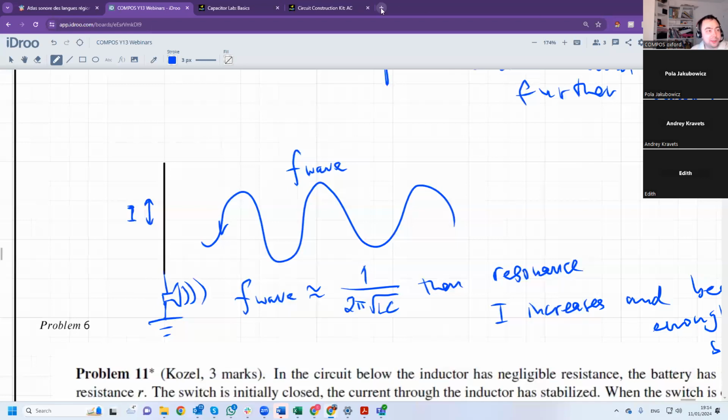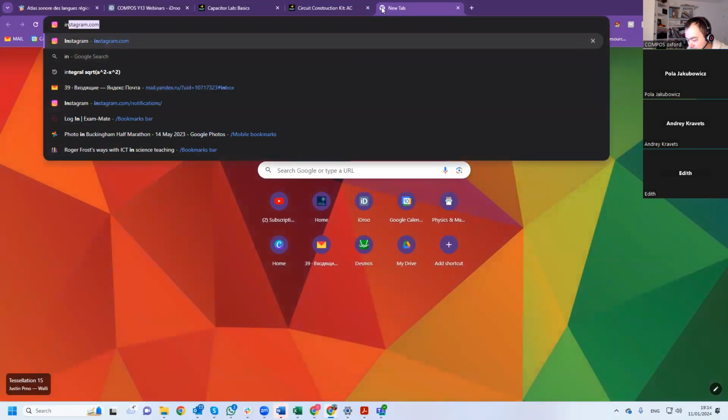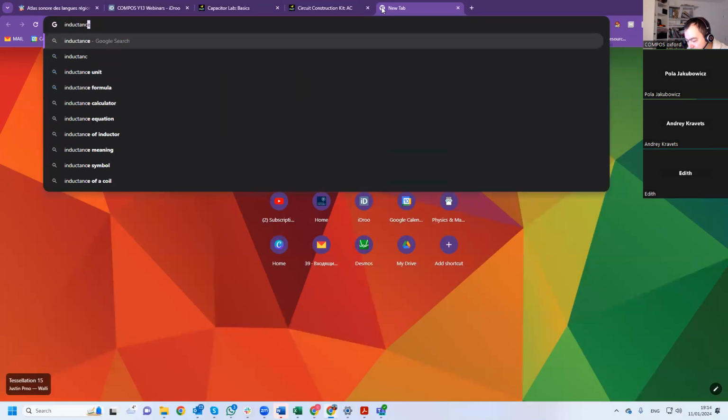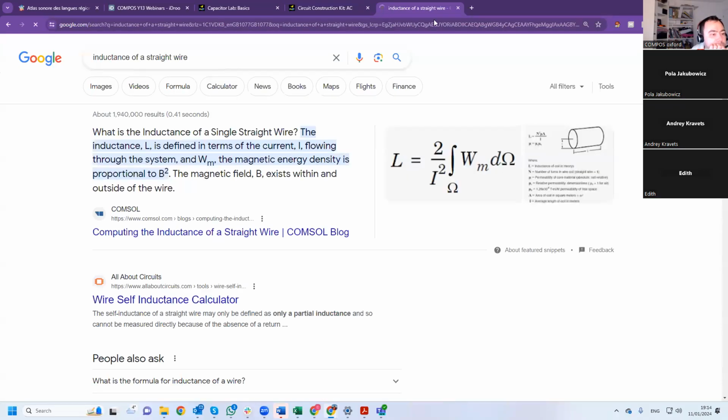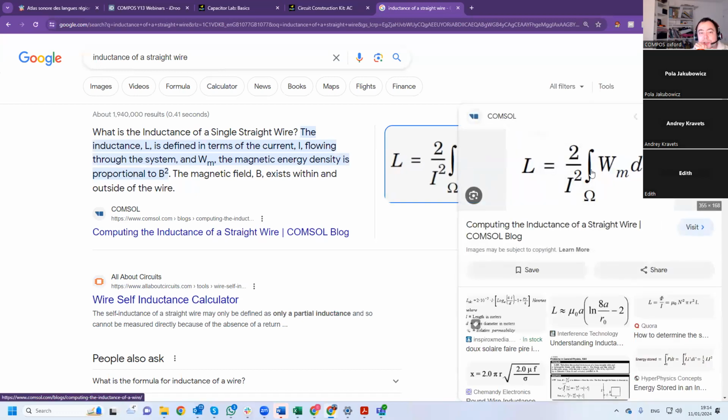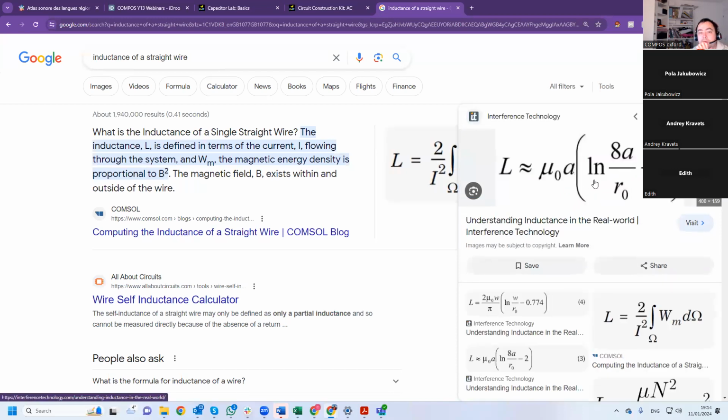If you look up the inductance of a straight wire, you can see this is the inductance of a straight wire. Any wire will have inductance.